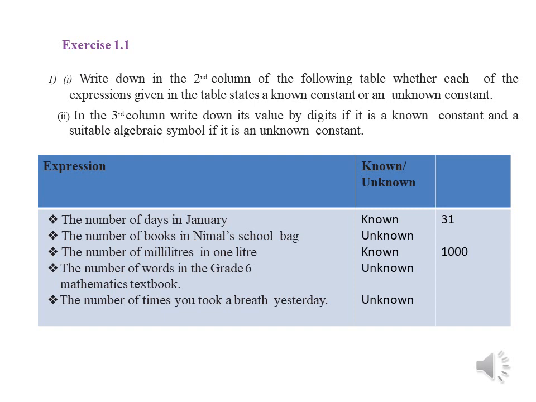This is a known term, 1000 milliliters for 1 liter. The number of words in the grade 6 mathematics textbook. This is an unknown term. The number of times you took a breath yesterday. This is also an unknown term.